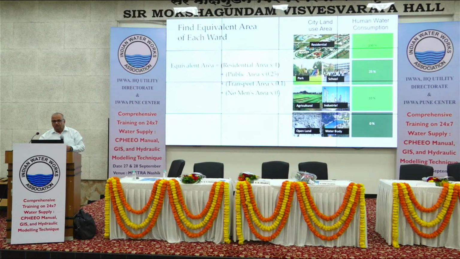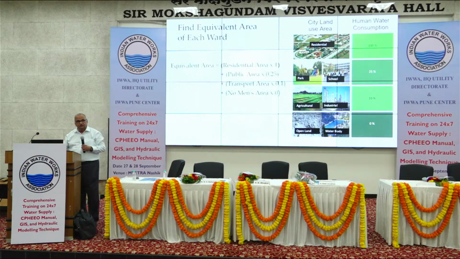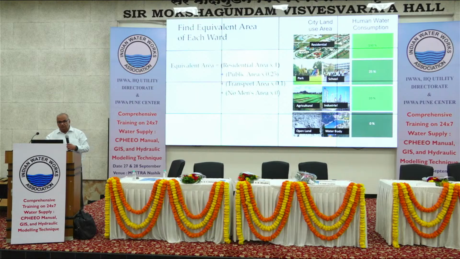Human consumption means a floating population, a person who is using water in an industrial area, not in his residential, but outside his residential. Then you have to multiply this residential area by 125.1, etc.